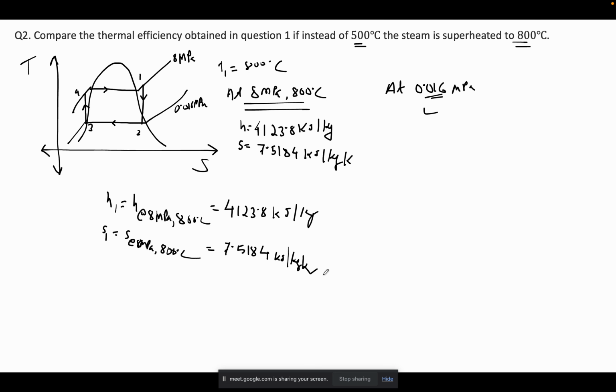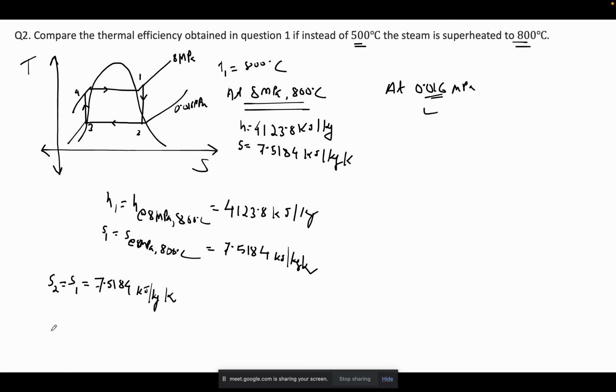So that means my S2 will also be changed. Since S2 is equal to S1, this will also be 7.5184 kilojoule per kg Kelvin.